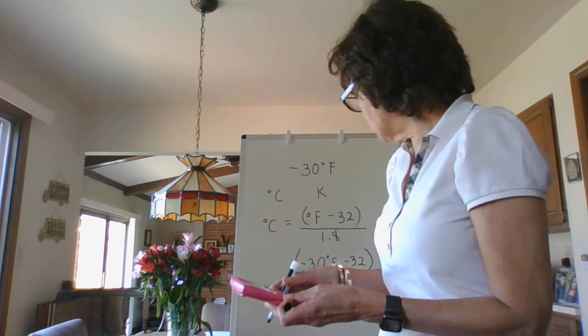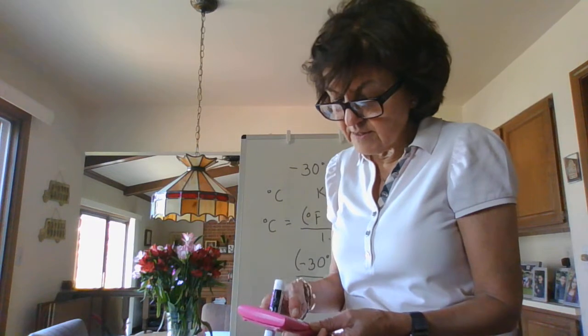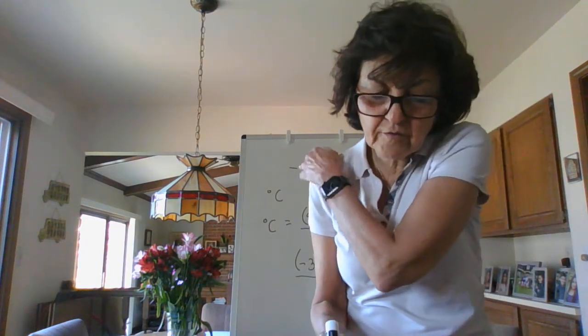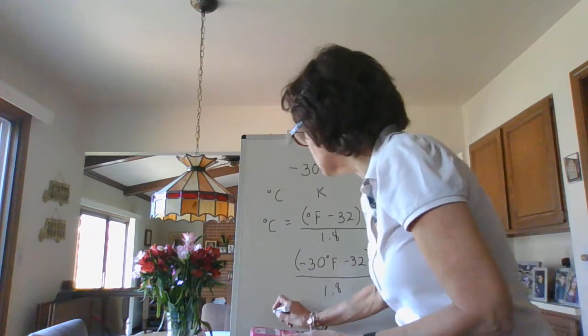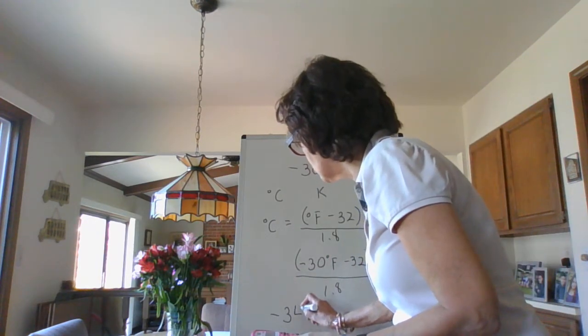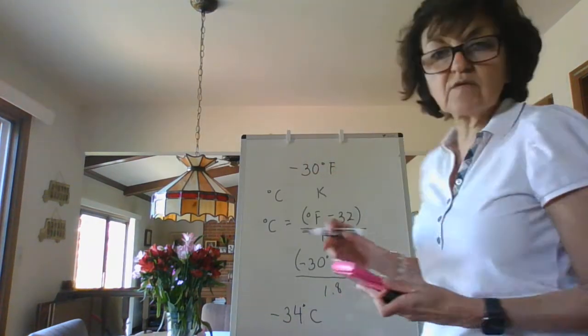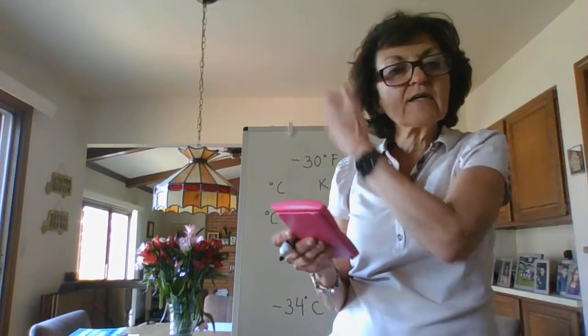That's obviously minus 62, and then I'm going to divide by 1.8, and I will get minus 34.44444, 2 sig figs. So my final answer is minus 34 degrees Celsius. Okay, everybody can see that, hopefully. Okay, great.